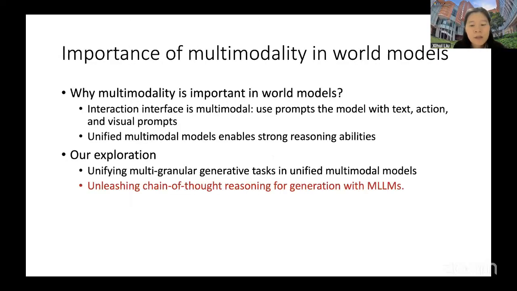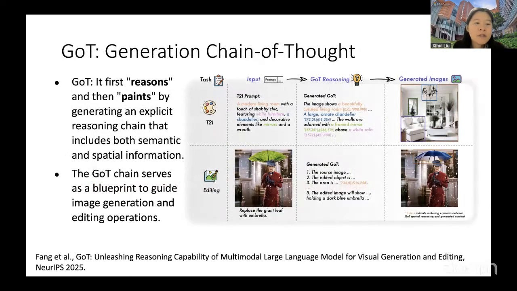So inspired by this, we propose the generation chain of thought, which tries to implement chain of thought reasoning for a multimodal generative model. So basically, in this multimodal model, instead of directly generating images based on a text prompt, we enable the model to first generate a chain of thought reasoning.